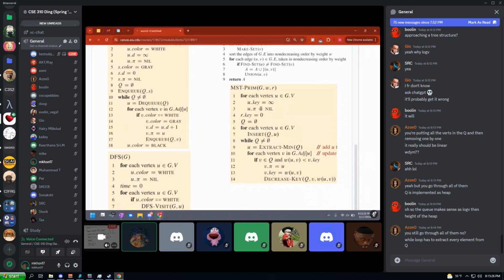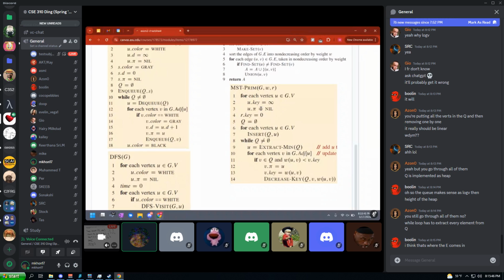Let's see. While Q is not null, U is extract min. You extract the minimum for each vertex within the adjacent. If V is in Q, and oh, okay, then yeah, that's what it does. All right. For each vertex in graph V, E comes in, right?